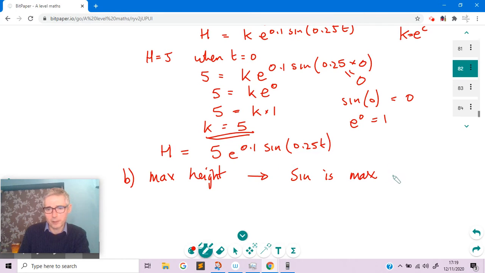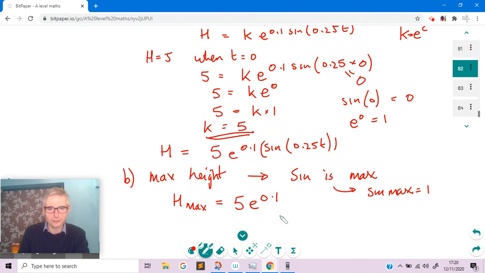So that's when sine is maximum, and the maximum value for sine, so I'll call it sine max, equals 1. So that would mean that the maximum height, h max, let's call it, would be 5 times e, and then 0.1 times 1 for this, so just 0.1.